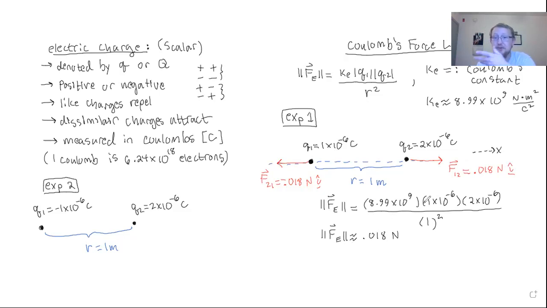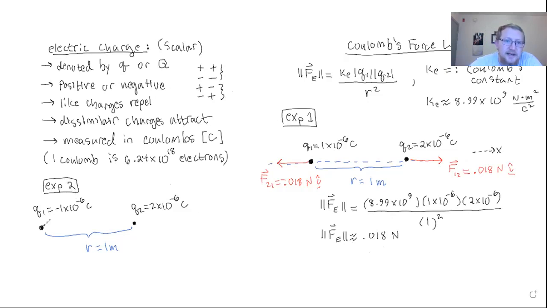All right, example 2 is nice because the absolute values of the charges haven't changed. And so we're going to end up with that same magnitude of the electric force, 0.018 newtons. The only difference now is that this charge over here is negative, this one's positive. So those are dissimilar charges and therefore are going to attract.